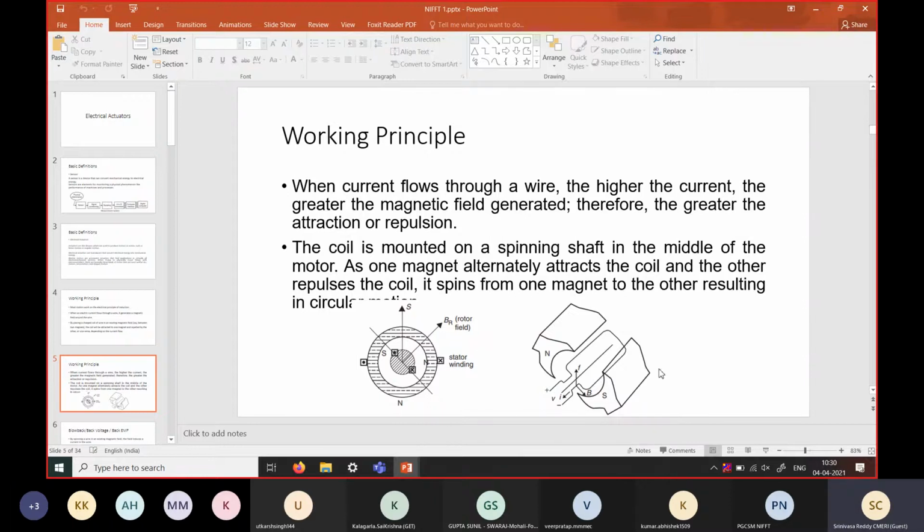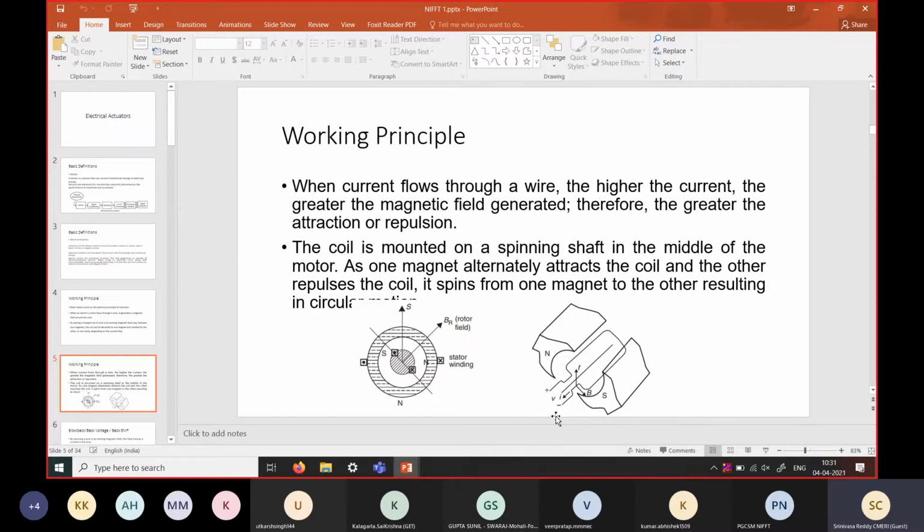In the second image we can see two permanent magnets, so that field is always fixed. There are a north pole and a south pole, and the current-carrying conductor goes through the magnetic field, and again it is reversed and comes out.